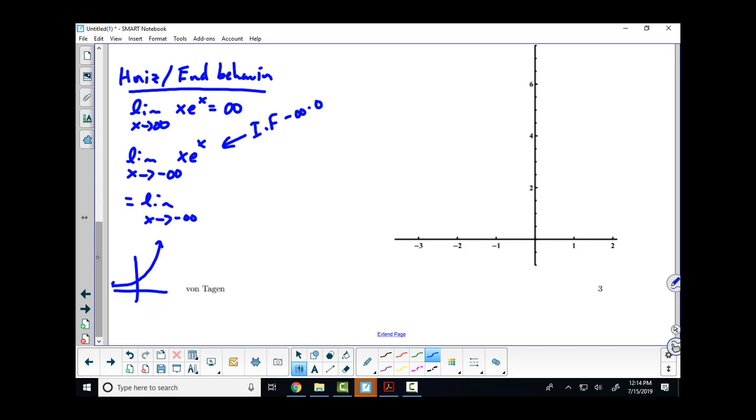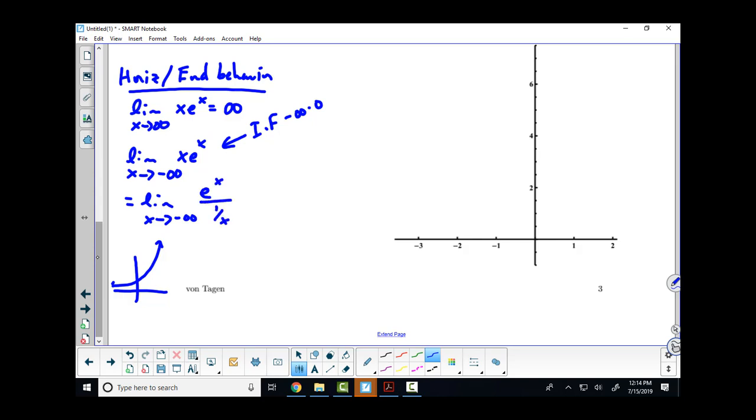We take one of these two factors below the line and we invert it. Which one would you like to take below the line and invert? x. Oh, interesting. Okay, let's do it. So this would give us e to the x divided by 1 over x.